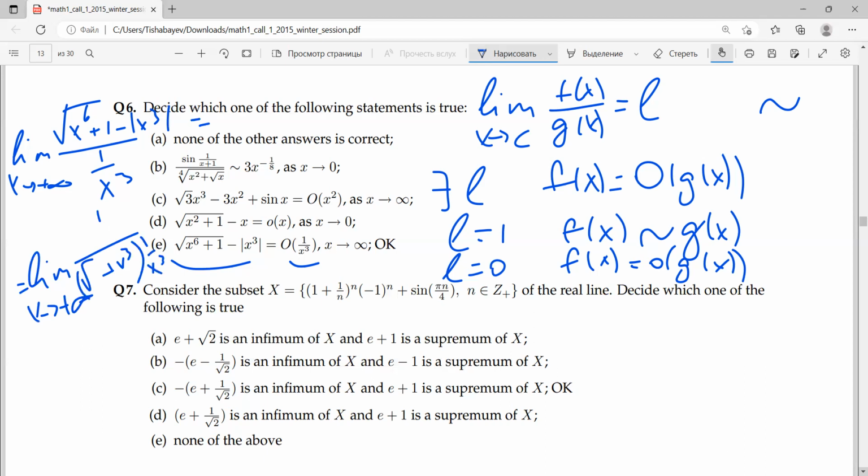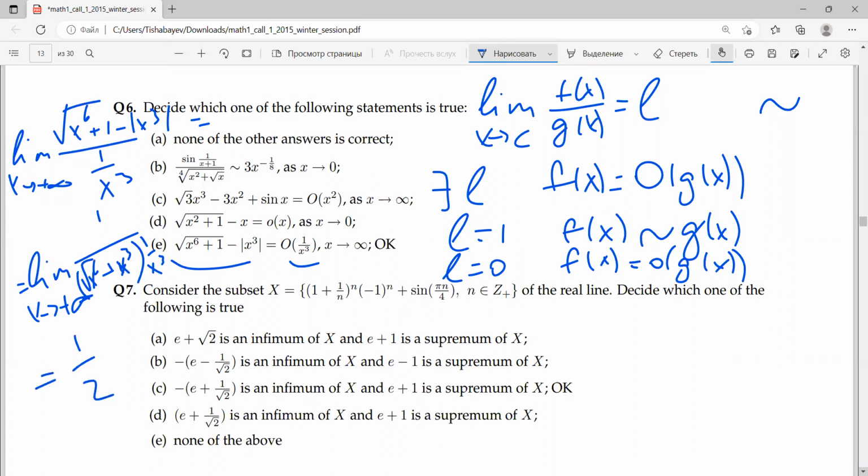And then we can cancel by x cubed in the denominator, because the greatest power is x cubed. And what do we have here? 1 over 2, because 1 plus 1 in the denominator is 2. Do you understand me? Here x^6. So the answer will be 1 over 2.